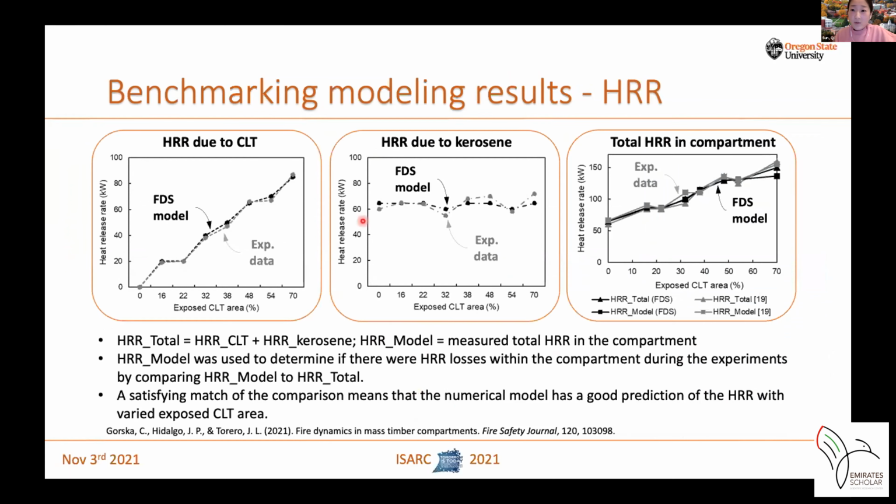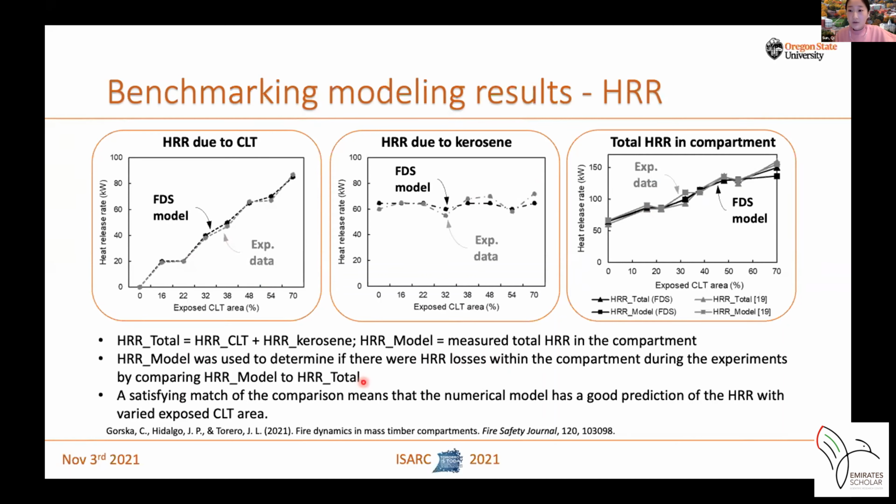About the modeling outputs, the comparisons shown in those figures are the different heat release rates from the experimental data compared with those predicted by our FDS model. The data include the heat release rate contributed from the CLT, from the kerosene, and the total heat release rate in the compartment. Particularly, the HRR total is a summation of the heat release rate from the CLT and the kerosene, and the HRR measured is the total heat release rate measured during the test.